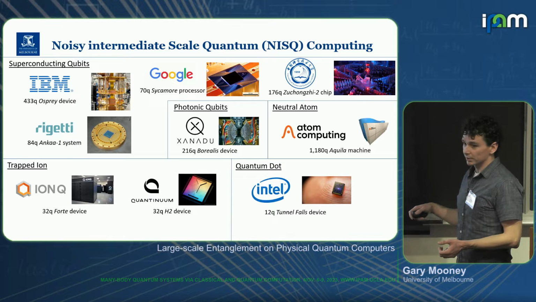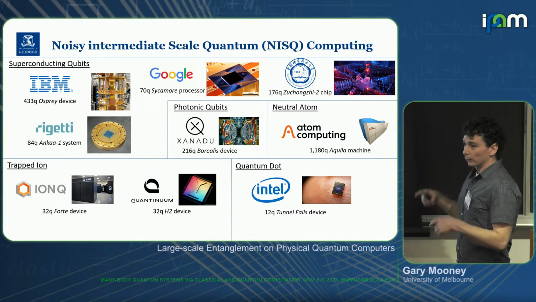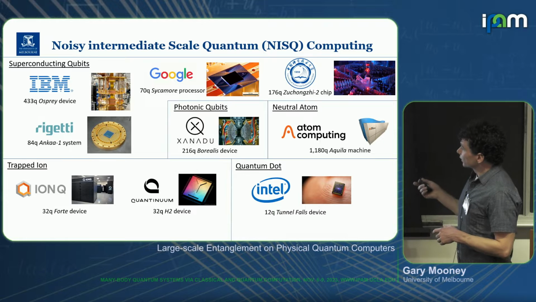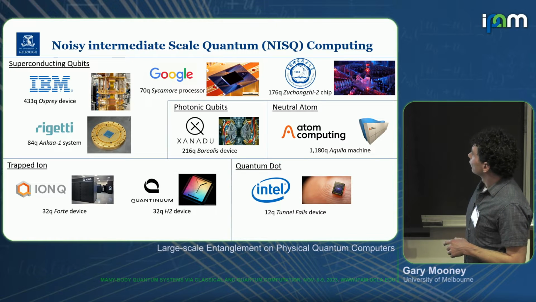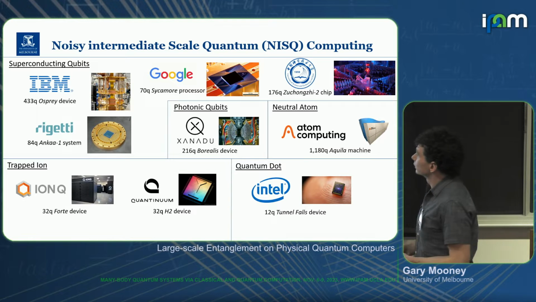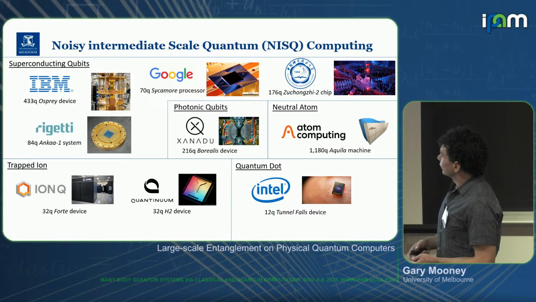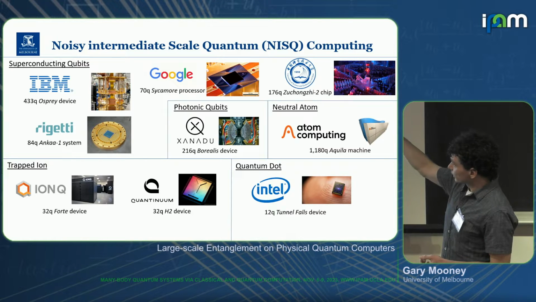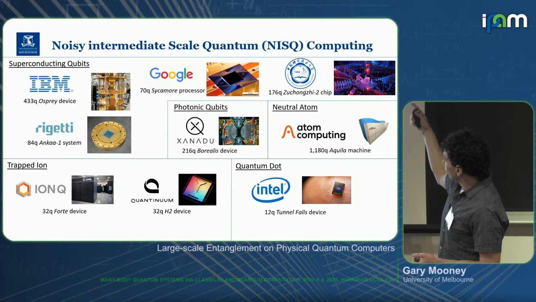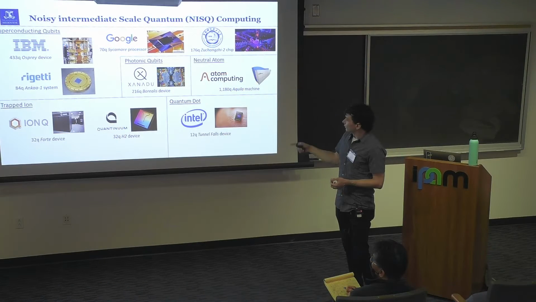Last talk, Daniel was mostly talking about analog quantum computing, where we have a quantum annealer. So these are all the digital quantum computers that I could find. We've got the 433 qubit Osprey device by IBM. And then for the superconducting qubits, we've got Google, the one from China, and Rigetti.